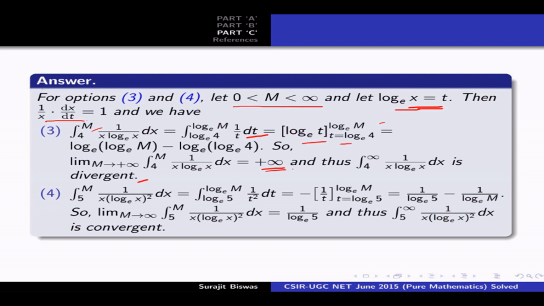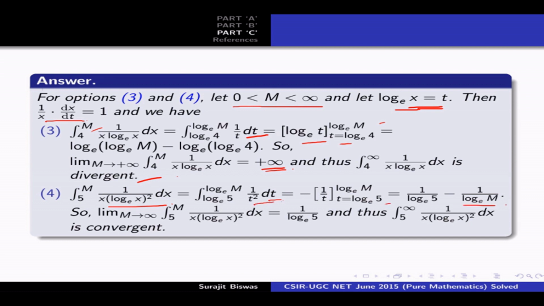For the last integration, we see the integral from 5 to m of 1 by x (log x) squared dx. After substituting the values and changing the limits, we have this, and by simplifying, we'll have this.